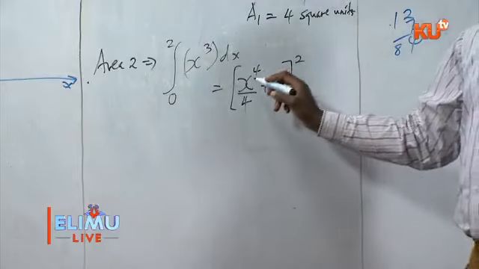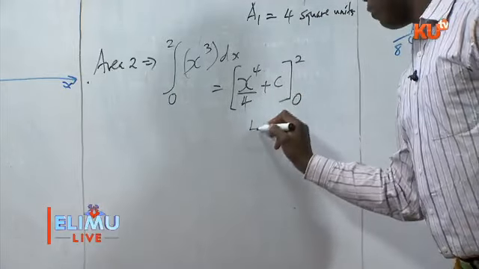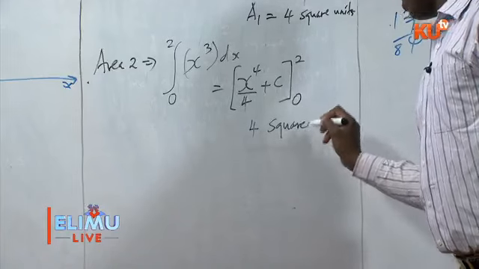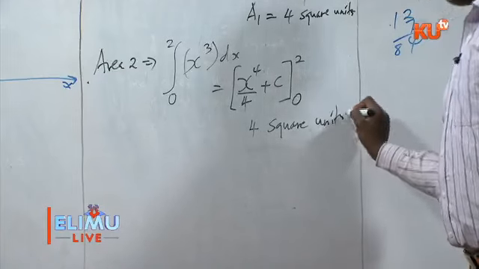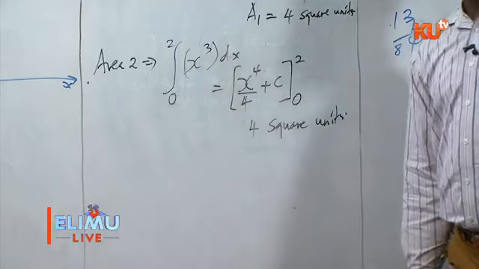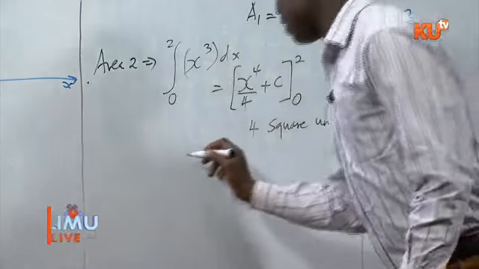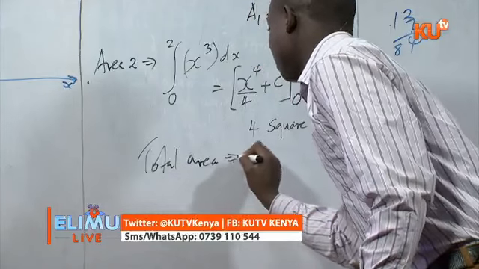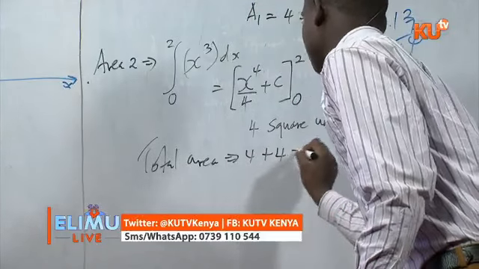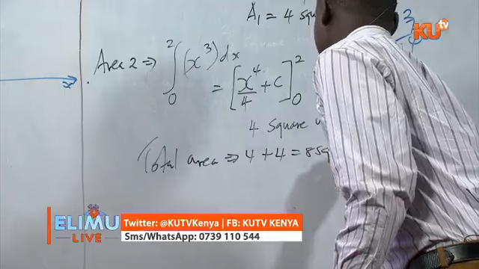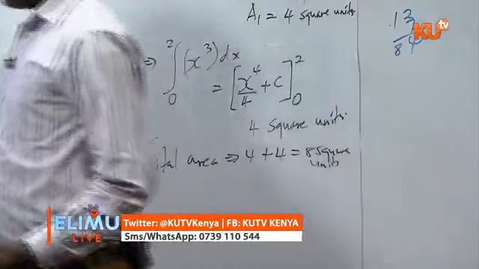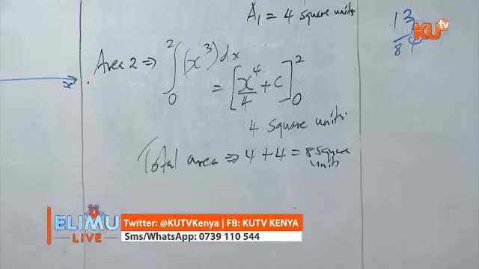So now we replace in 2, we'll have 16 over 4, which is 4, then minus 0. So that equals 4 square units. Therefore, the total area is 4 plus 4, which is 8 square units.